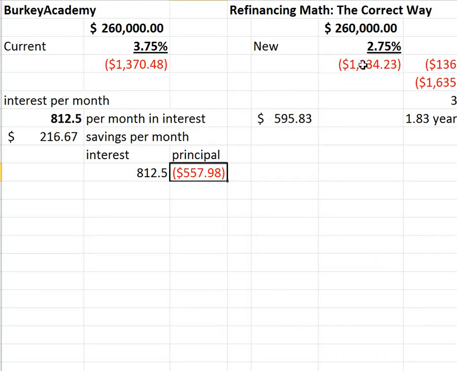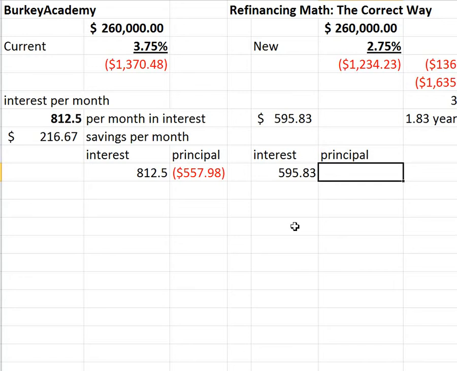Now let's do the same thing under this new payment. The payment is only $136 less, but look at what happens when we break this into the two parts. There's the interest. So $595.83 is the interest. In the new situation, how much are we paying down in principal? Well, equals, see how much is left. When you lower your payment due to a lowered interest rate, two things happen.